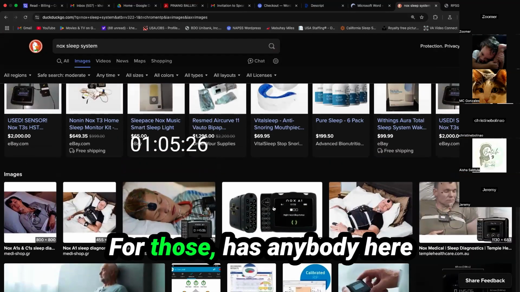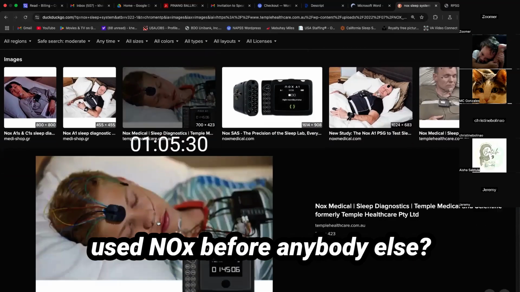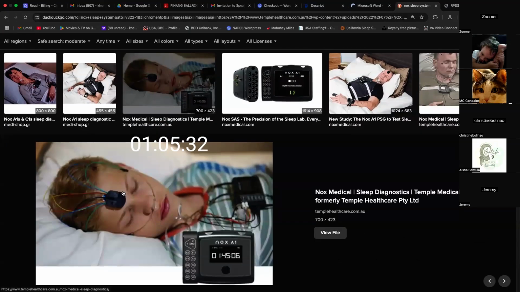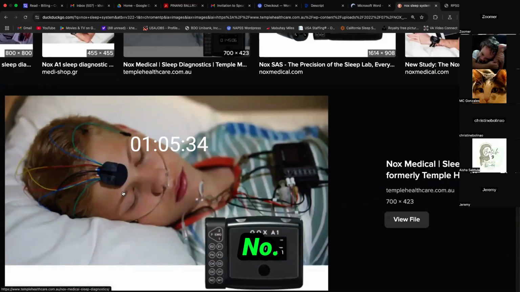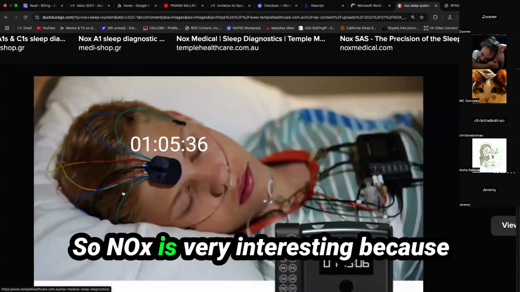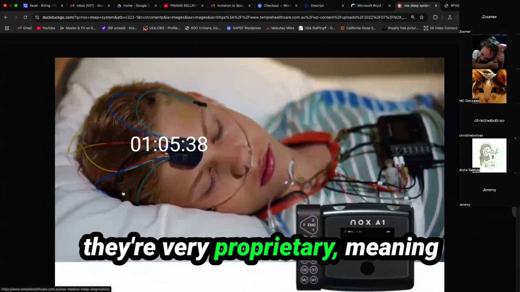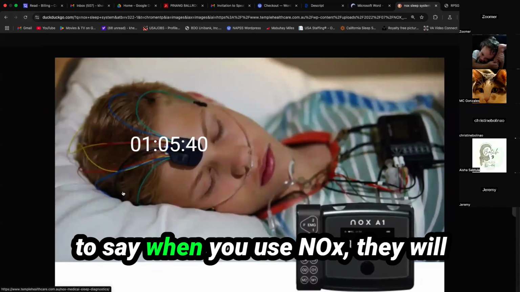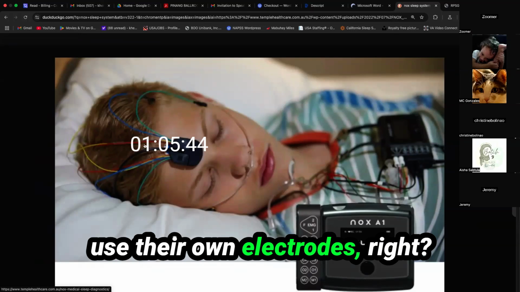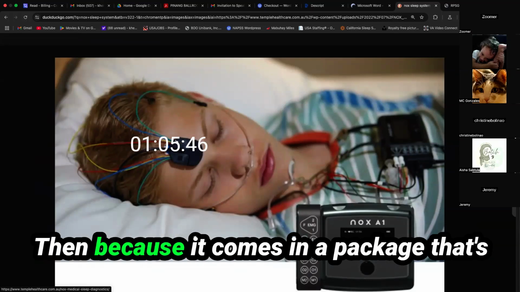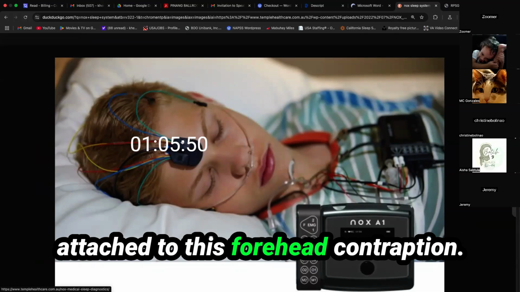For those, has anybody here used Knox before? Anybody else? No? Okay, so Knox is very interesting because they're very proprietary, meaning when you use Knox, they will use their own electrodes, right, Tin? Because it comes in a package that's attached to this forehead contraption.